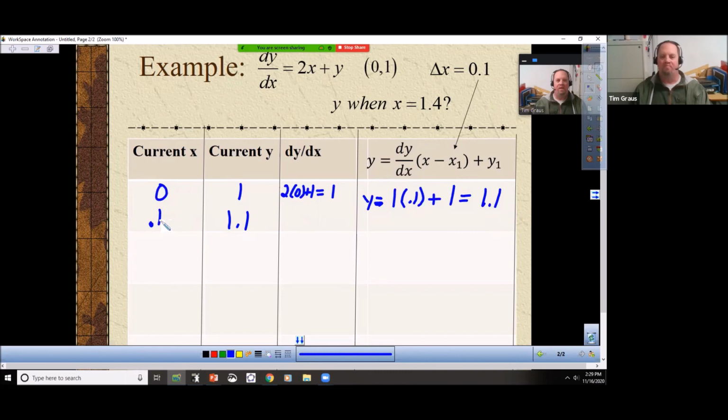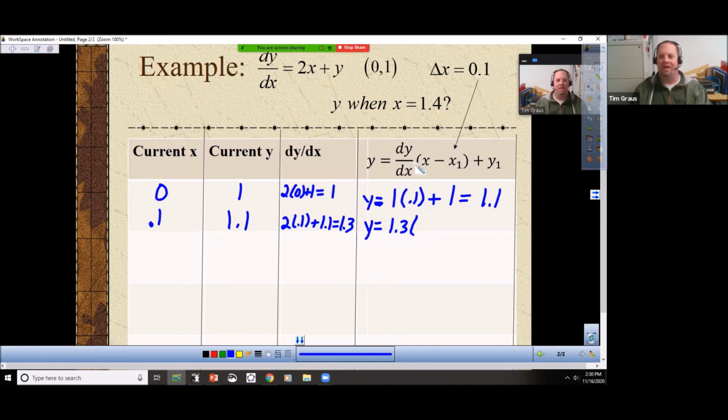Now we're going to repeat this process. Using this as our x value and this as our y value, find dy dx. 2 times 0.1 plus 1.1. And that gets us to 1.3. Put this into our point slope form. 1.3 is the slope.